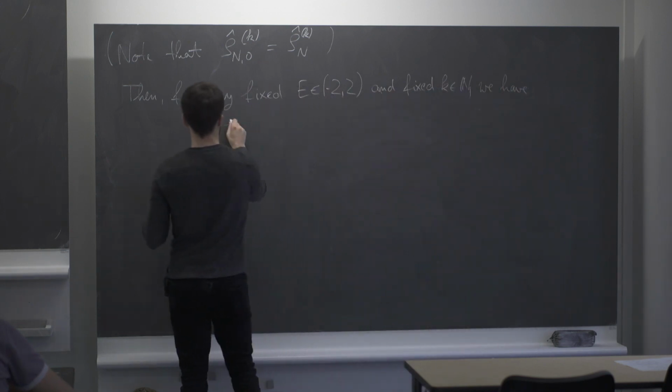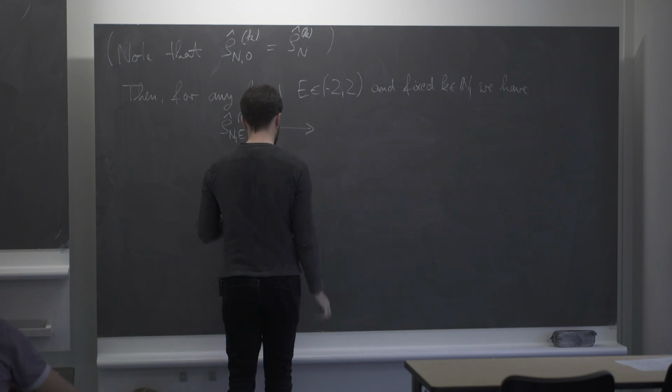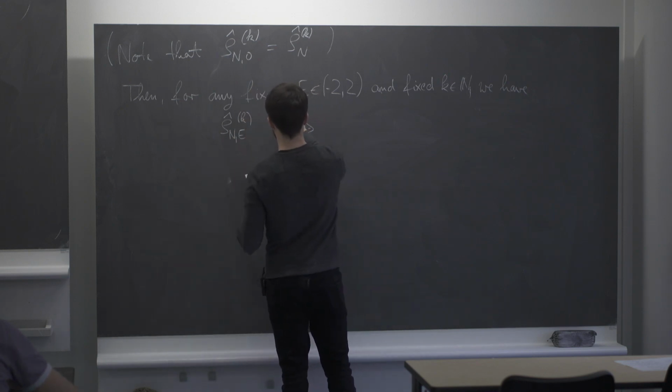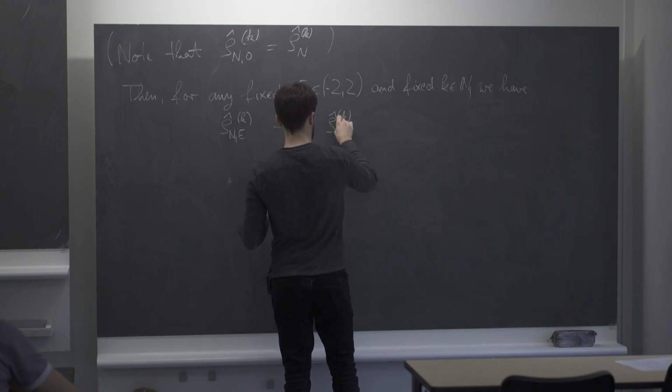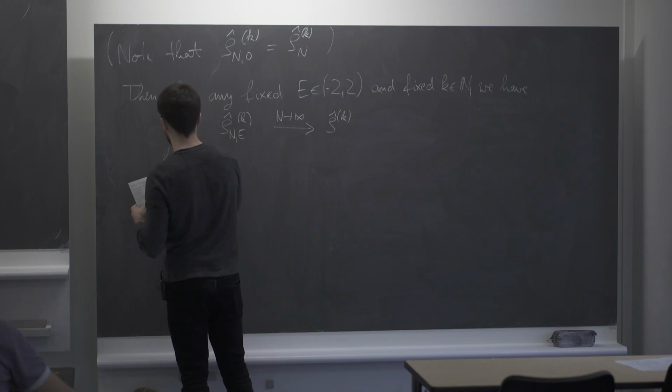We have that rho n e hat k converges to the other guy when n goes to infinity, to rho hat of k, locally uniformly.